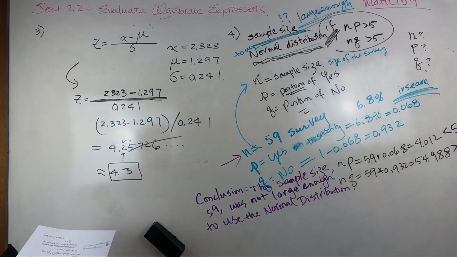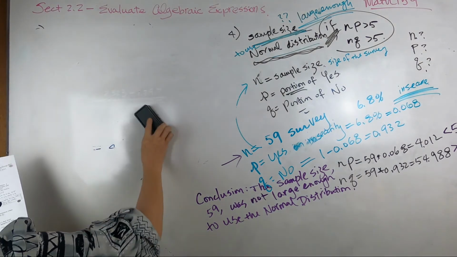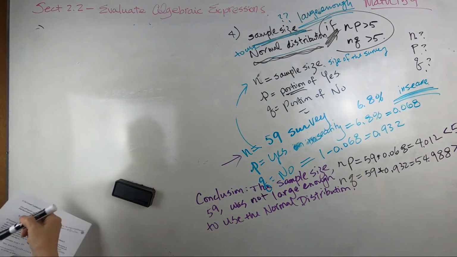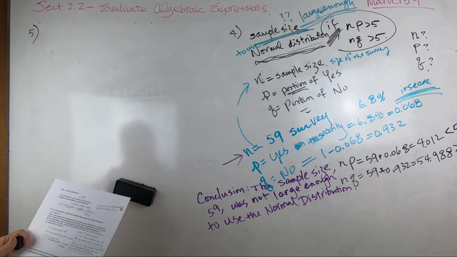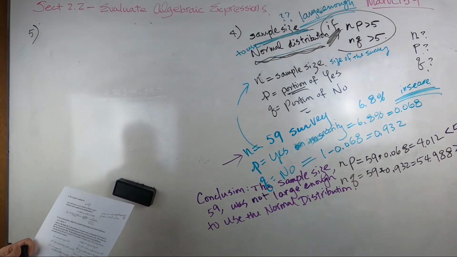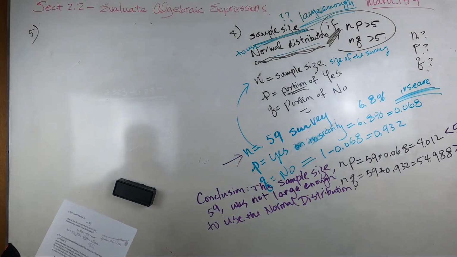Let's look at the next one. Number 5. Here it says, based on the central limit theorem, the standard deviation of the sampling distribution when samples of size n are taken from a population with standard deviation sigma is given by something, right?